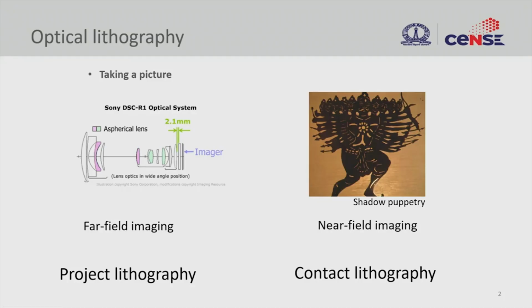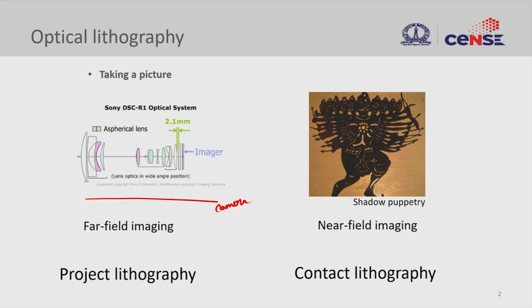So optical lithography is what we are interested in, and if you look at the two generic ways of taking an image, right? So that's what this lithography is all about. The first, left hand side image, you see this is just a camera, right?